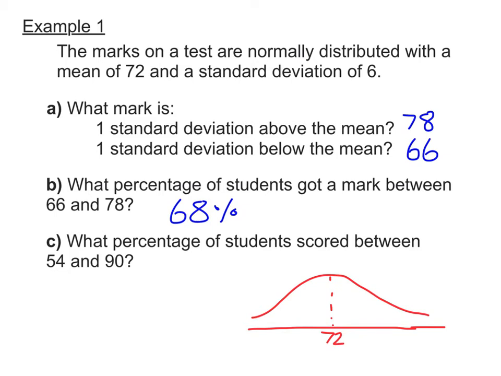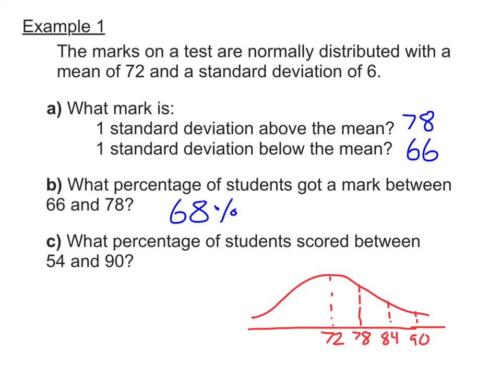So we're going to count up our standard deviations. 1 standard deviation above is 72 plus 6, which gives us 78. 2 standard deviations above would be plus another 6, which takes us up to 84. And 3 standard deviations above the mean, we'd add 6 again, and we'd end up with 90, which is the higher number we were looking for. So 90 is 3 standard deviations above the mean.